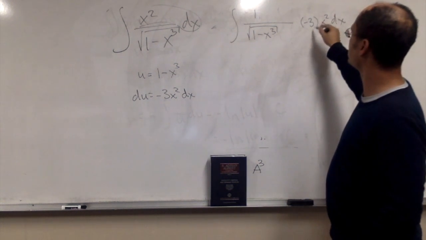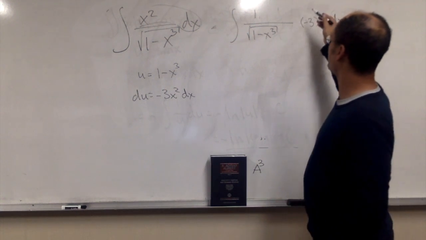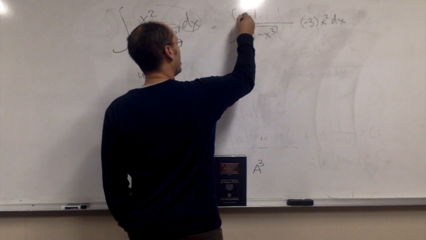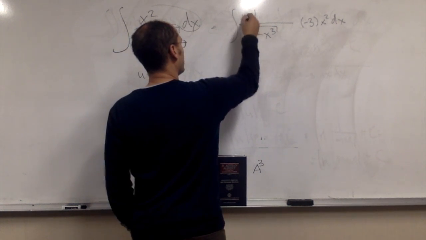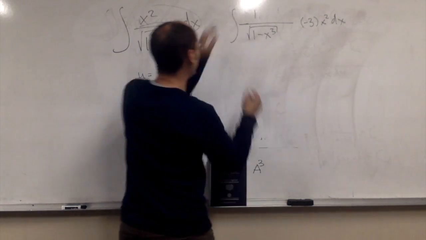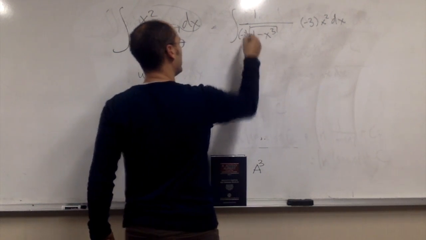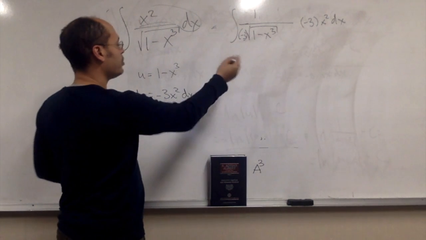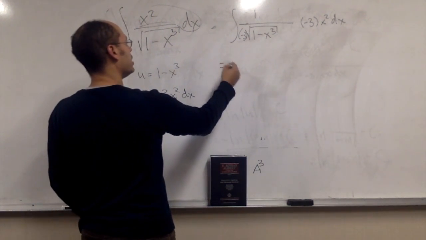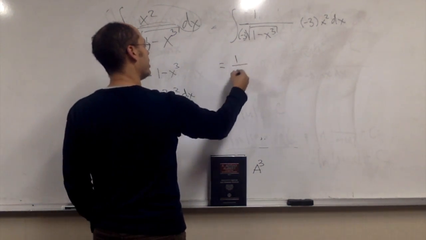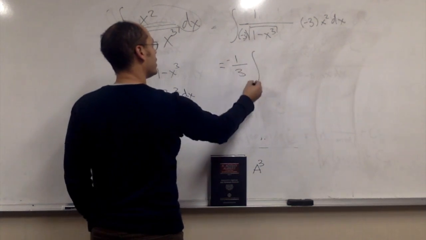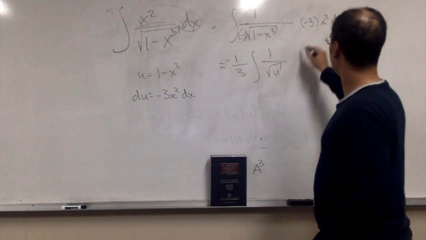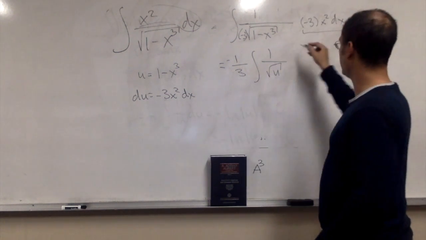So to stick that minus 3 there, I should also divide by a minus 3. I'll have to stick a minus 3 in the bottom so that the whole thing I haven't changed. Right. So if you rewrite it like that, then I can pull out that minus a third and write this as 1 over the square root of u, and this whole thing is du.